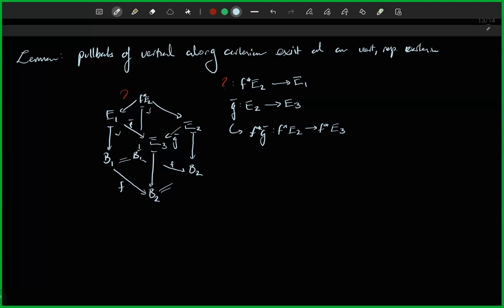But now we can note that, I forgot to fully clean out this diagram at the beginning, we assume that this front square here, I'll highlight, this one here was Cartesian, which means that E1 was actually already F star E3. And so we can correctly make this top one F star G bar.